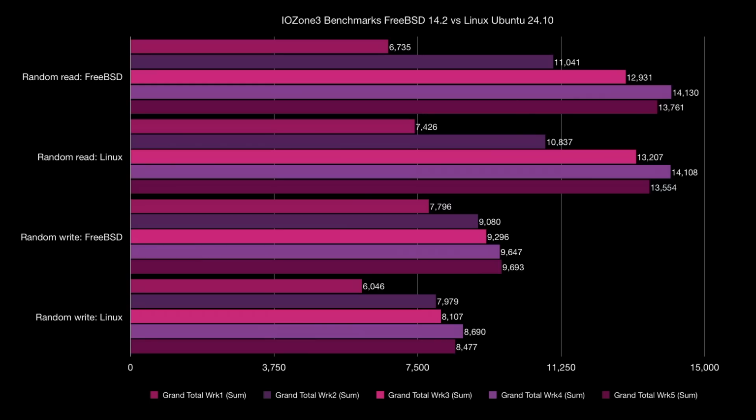Linux drops back a little further than FreeBSD. They're close. I would say, with the exception of the first two runs, workers 1 and 2, there isn't really a clear differentiator between those two. On the write, Linux starts out slower and stays slower. So there's a clear win for FreeBSD there.